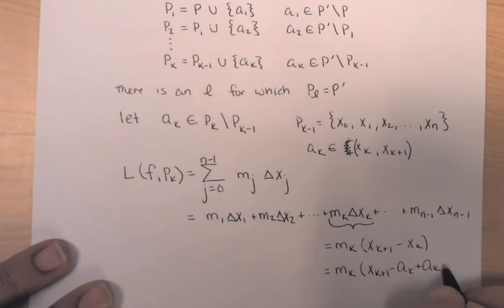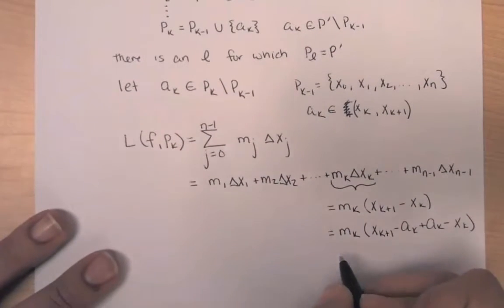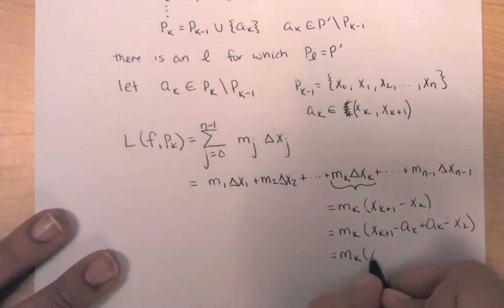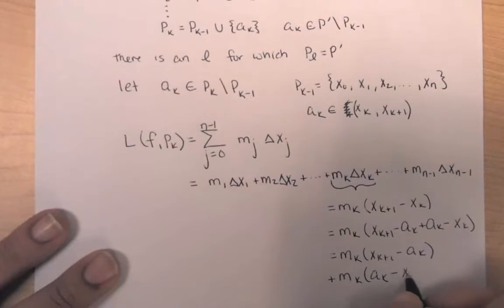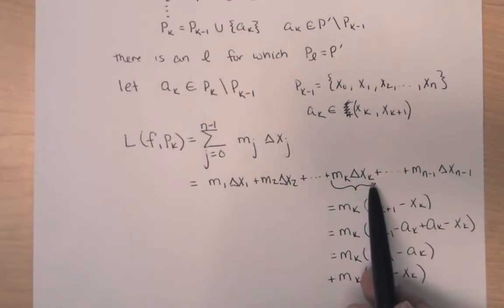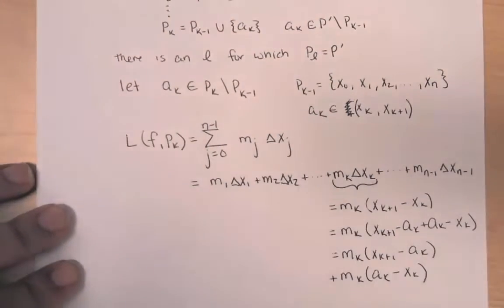I'm essentially adding 0 here. Which is mk times xk plus 1 minus ak plus mk times ak minus xk. Right, and again, that's just for this one term here. It can be broken down in this way.